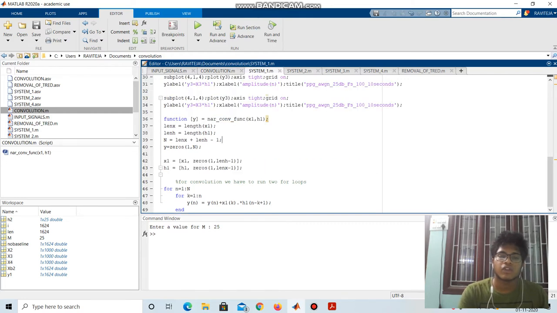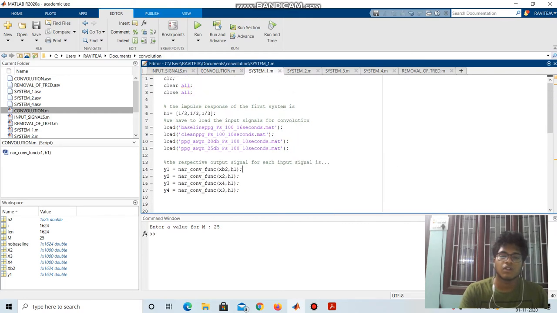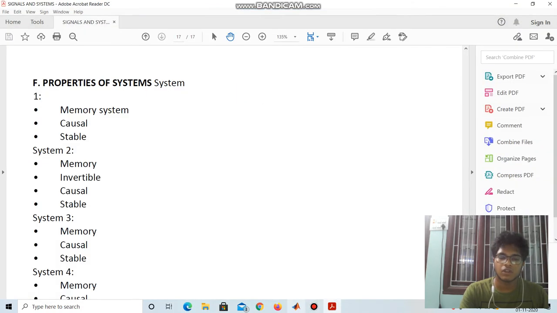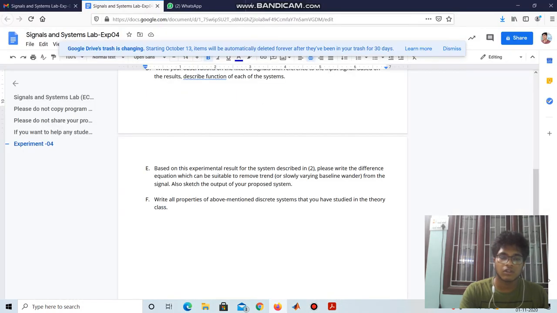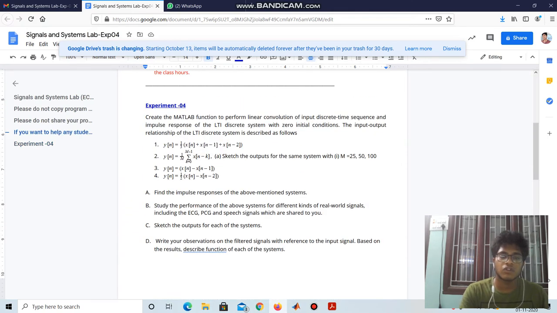System 1 is y of n equal to 1 by 3 of x of n plus x of n minus 1 plus x of n minus 2. So the impulse response is 1 by 3, 1 by 3, 1 by 3.